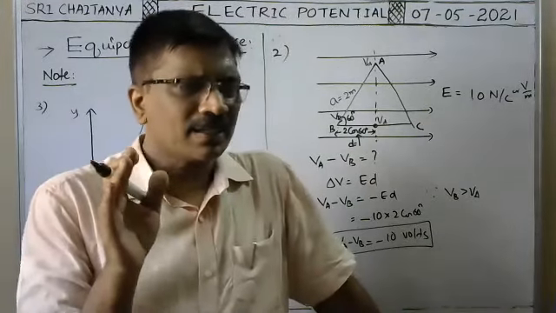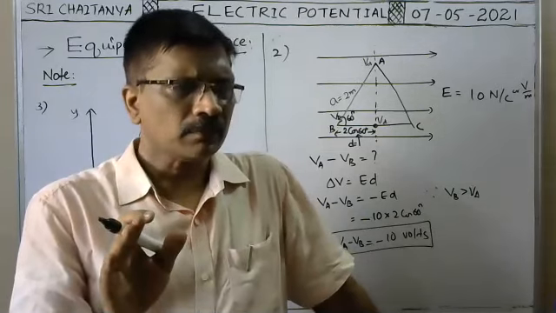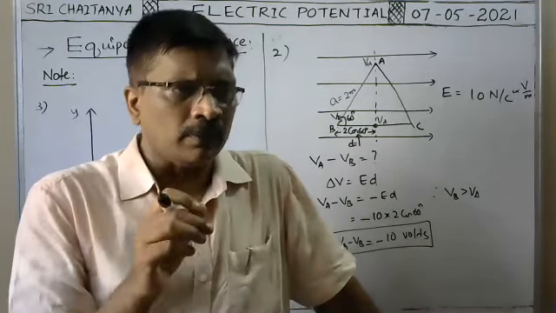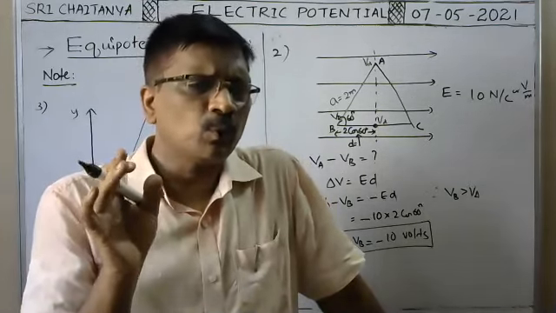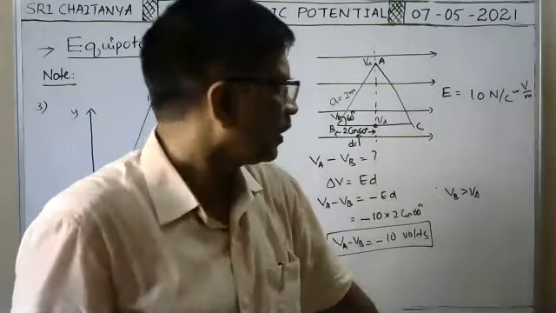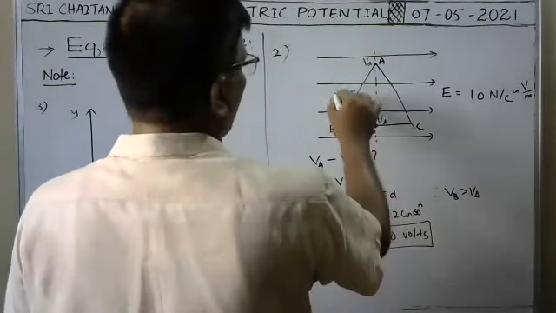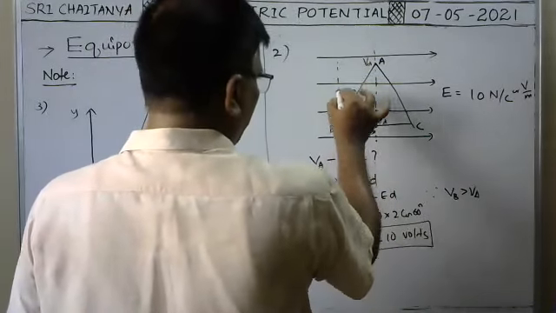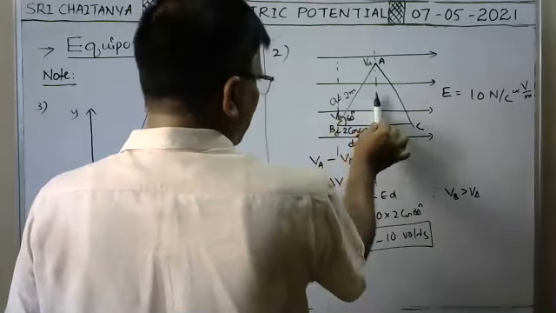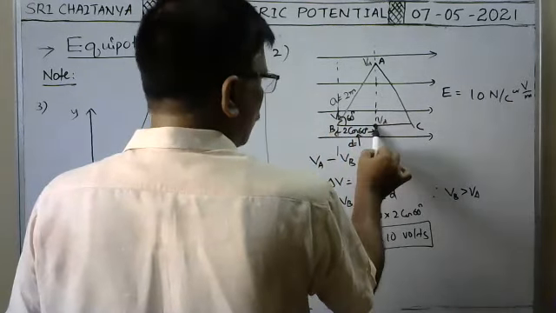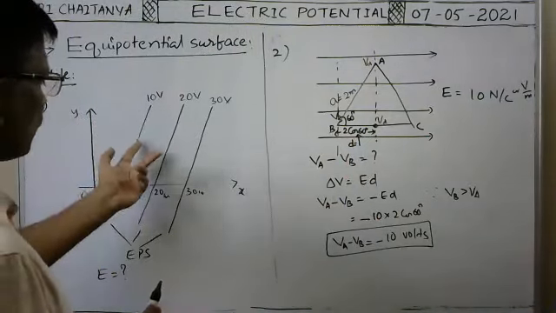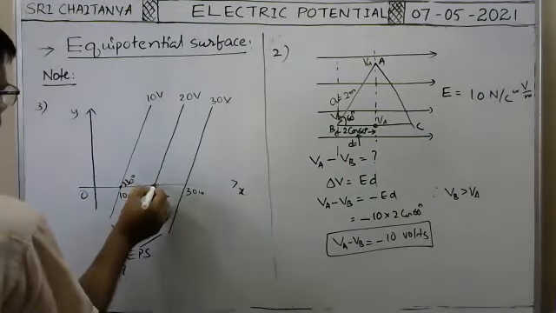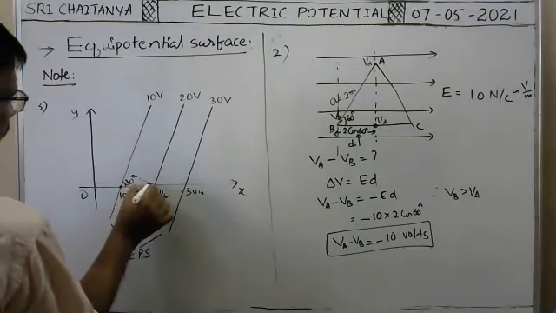To find the intensity of electric field, first we have to find the perpendicular distance between two equipotential surfaces. Here when you draw a perpendicular line, the perpendicular distance between two equipotential surfaces is this only. Similarly, here also we have to find it. From this point, you draw a normal line onto this one.